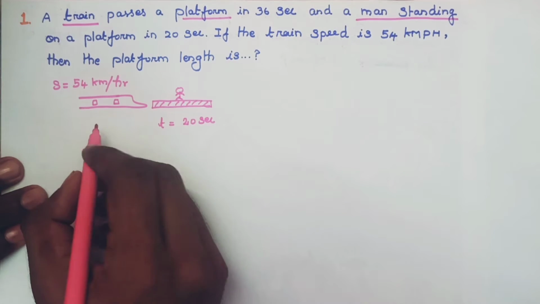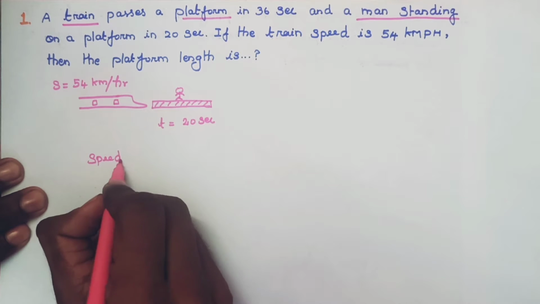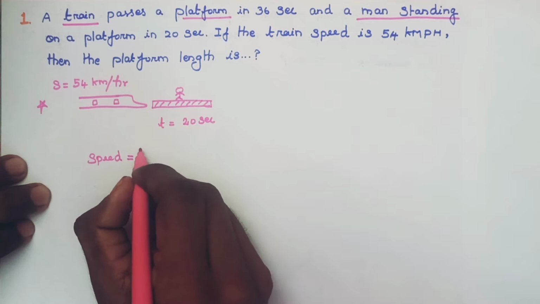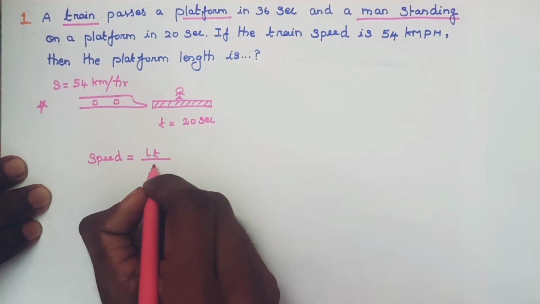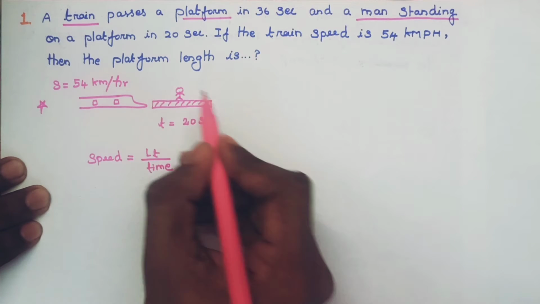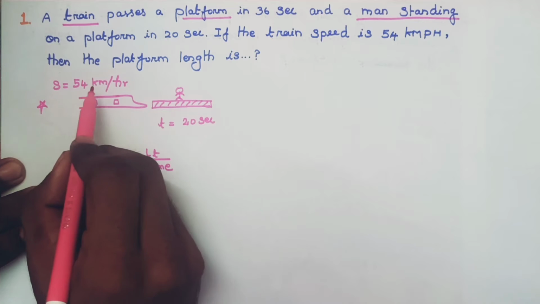So what is the formula in point method? Speed equal to distance. What is the distance here? Length of the train, divided by time, right? So what is the missing value here? They have given t in seconds, speed in kilometer per hour.